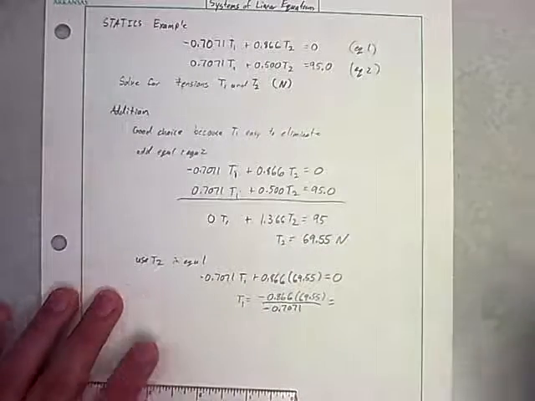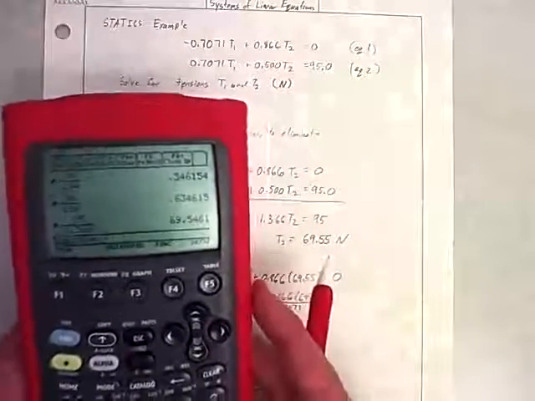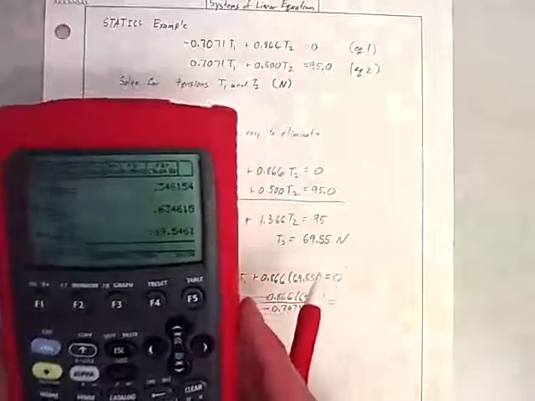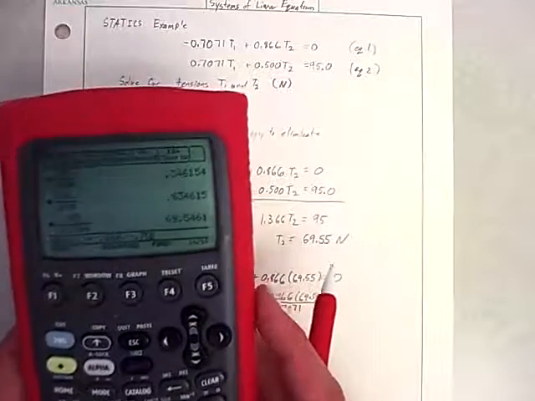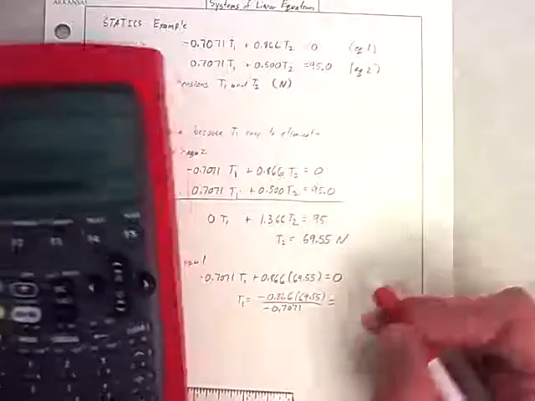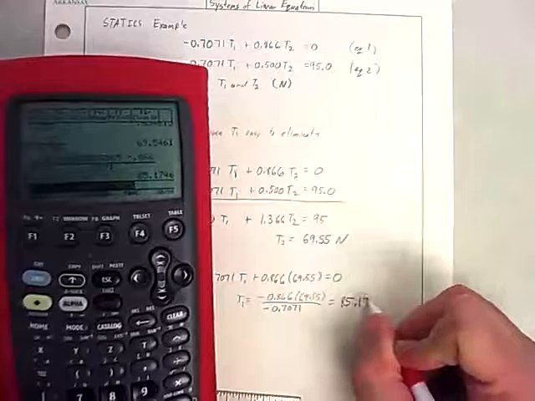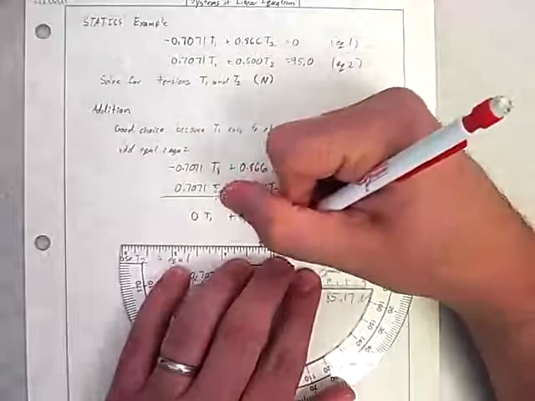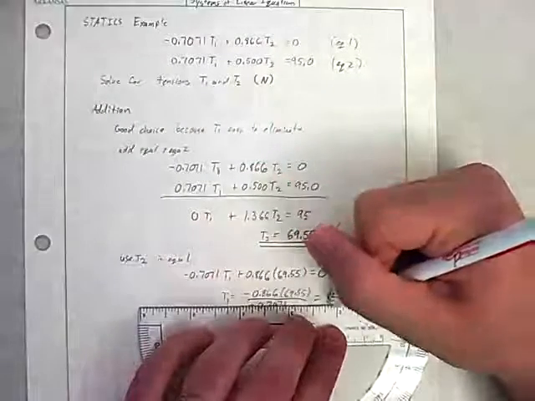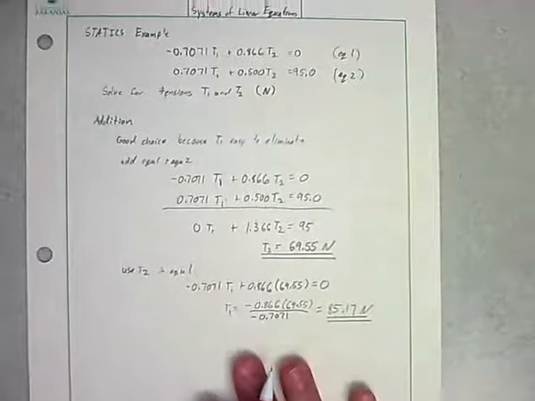And so for T1, I get 85.17 newtons. So T2 is 69.55, T1 is 85.17. So addition was a good method for this one.